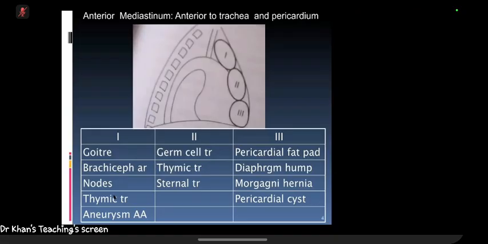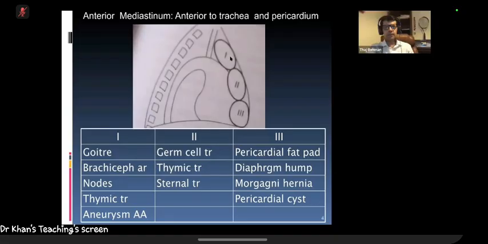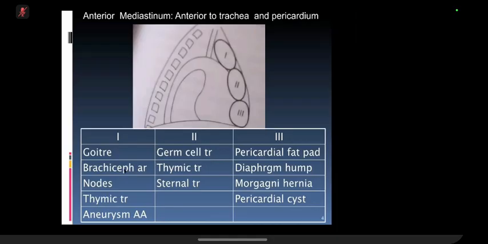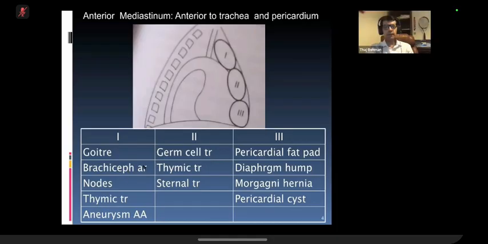Is that a good way to understand this? In the anterior superior mediastinum, the anterior part above the blood vessels, there are only three differentials that you need to think of: goiter, lymphadenopathy, and thymic tumor. Vessels you will be able to separately identify anyway.